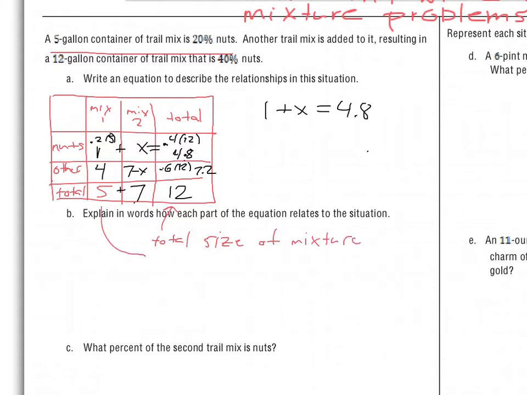That makes 5 our size of mixture 1. And we'll go ahead, and this 1 represents the 20% of nuts in mixture 1.